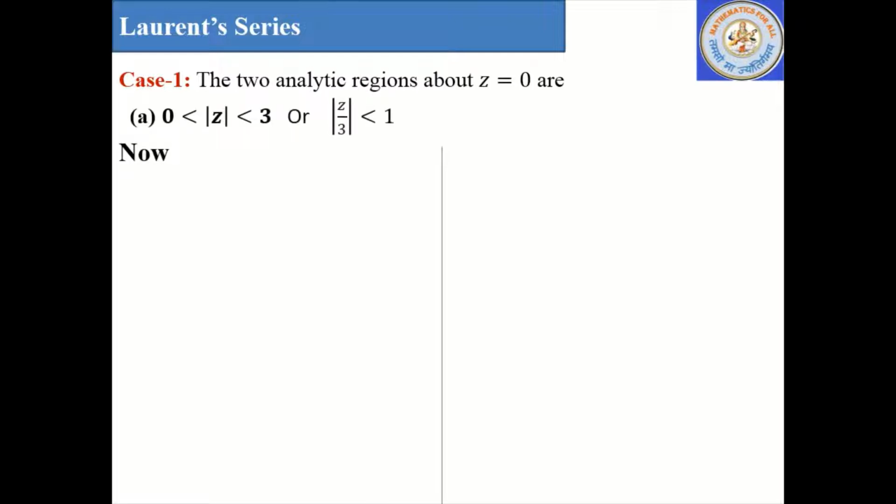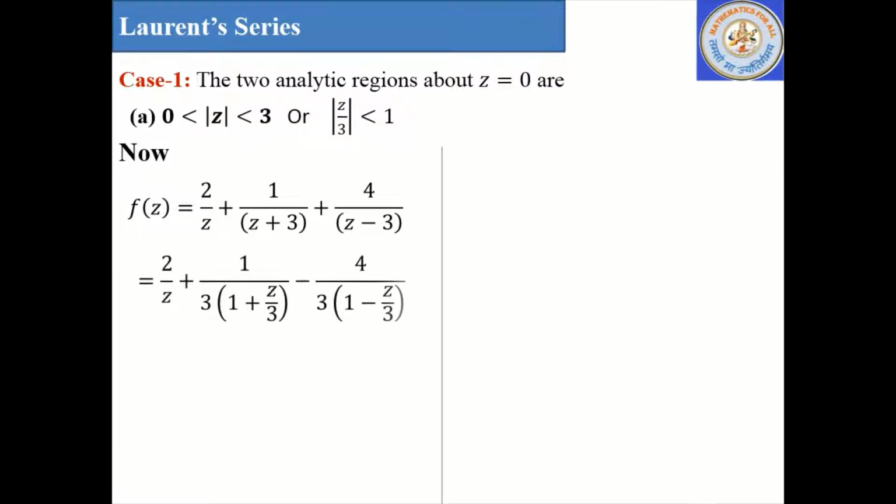Now we consider case A. Here mod z is less than 3, so we can write mod of z by 3 is less than 1. It means our series should be in the form of z by 3. So f(z) is 2 by z plus 1 by z plus 3 plus 4 by z minus 3.